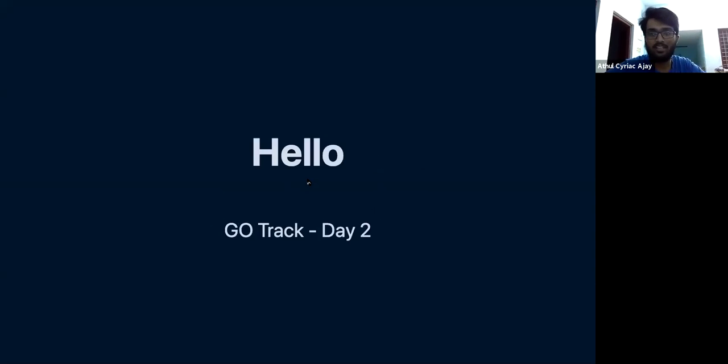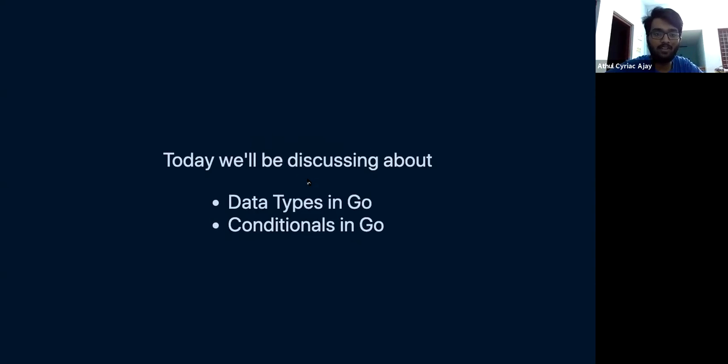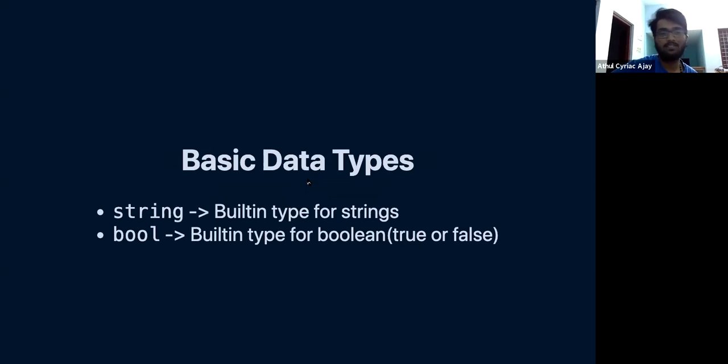This is the second day, day 2, for the Go track, and we'll be discussing data types today. No conditionals, as I already told you. There are four basic data types, and some of them are derived from these four. The basic data types include string, bool, integers, and floats.